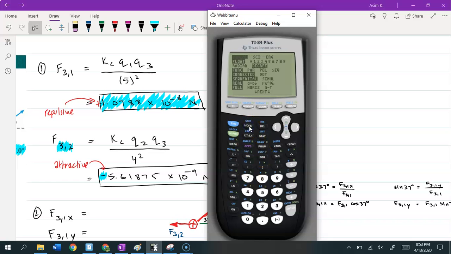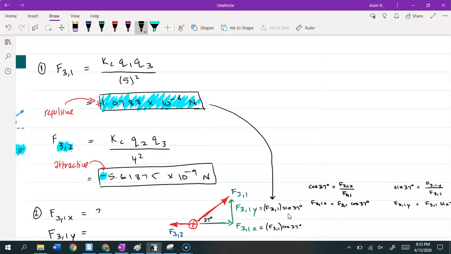Let's make sure our mode is in degrees. Then we multiply that by the cosine of 37 degrees, and we end up with 8.615 times 10 to the power negative 9. I'm going to write in 8.615 times 10 to the power negative 9 newtons.